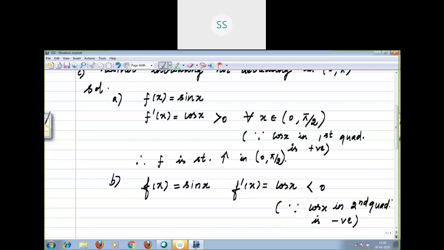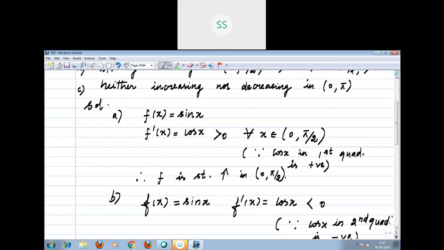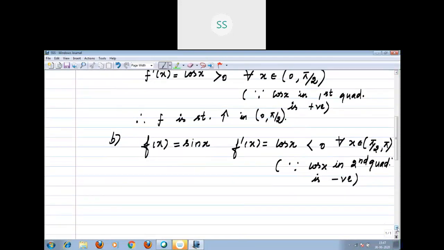It is negative in the open interval, and here you have to write for all x belongs to the open interval pi by 2 comma pi. It is the second quadrant, so definitely the cos function is negative. Negative should be represented with the less than symbol.